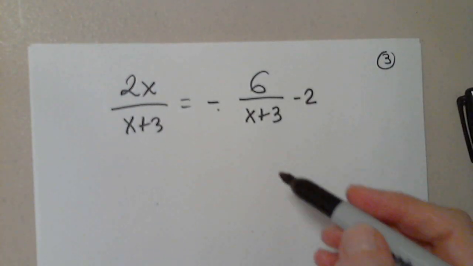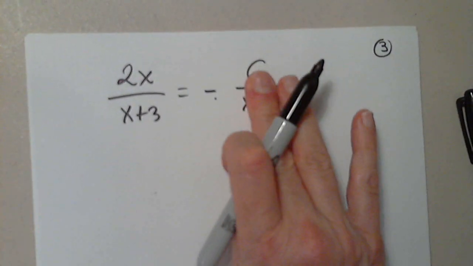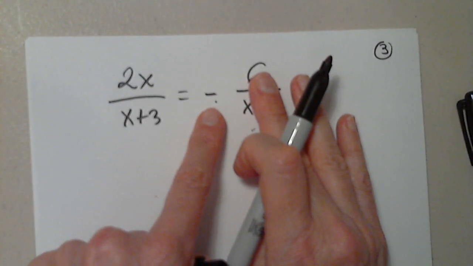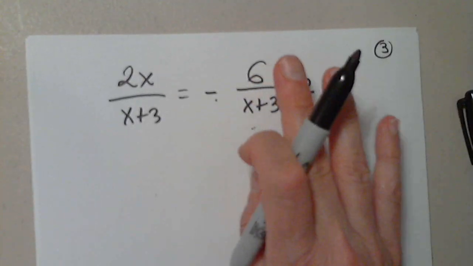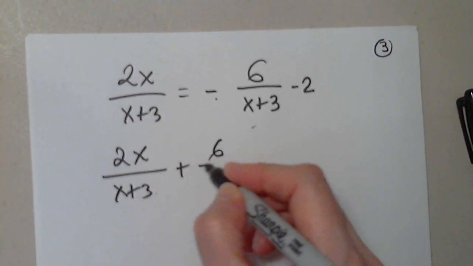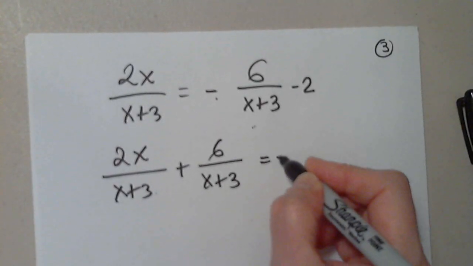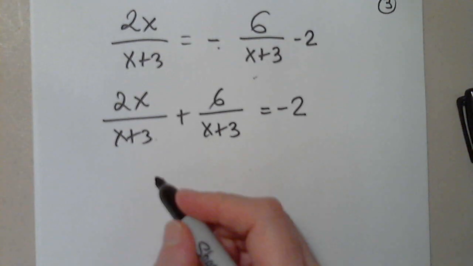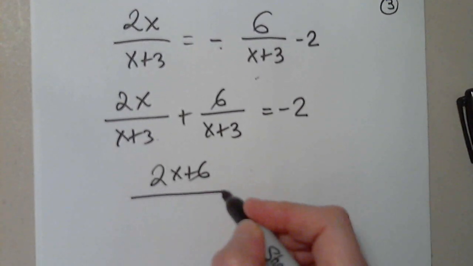Then I will move this expression, that has a negative sign in front of it, to the other side and it becomes positive. So 2x over x plus 3 plus 6 over x plus 3 equals -2. I like this because I can write it in this format.